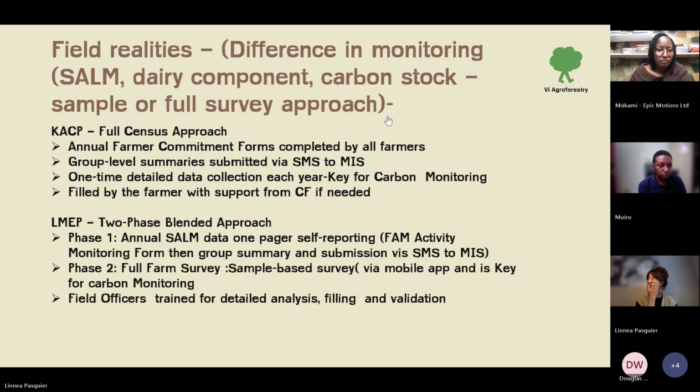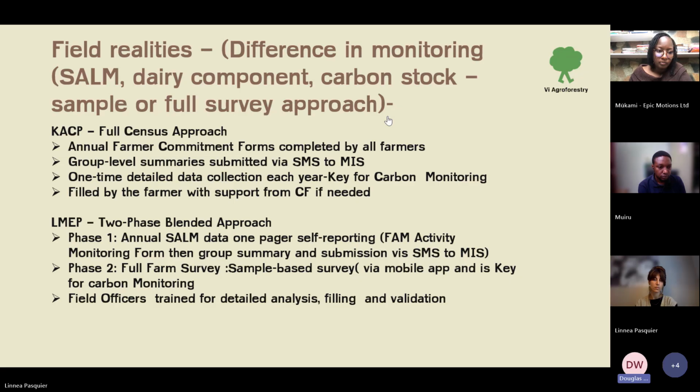This means all the farmers fill the farmer commitment form. Then these farmer commitment forms are summarized into group level summaries, then submitted by SMS to the MIS.